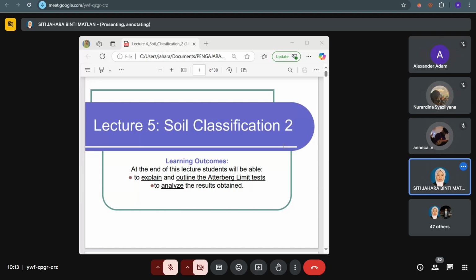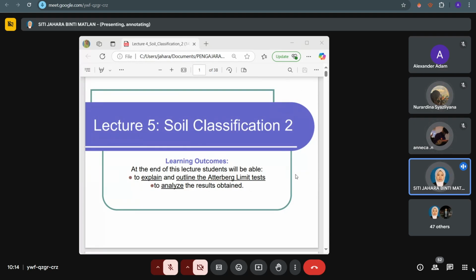In the previous session we only had time to touch on the brief part, and today we will continue with a deeper look into this topic. So today's session we will explore more on the Atterberg limits in detail, including the liquid limit, plastic limit, and shrinkage limit, and how they relate to soil consistency, classification and engineering behavior.